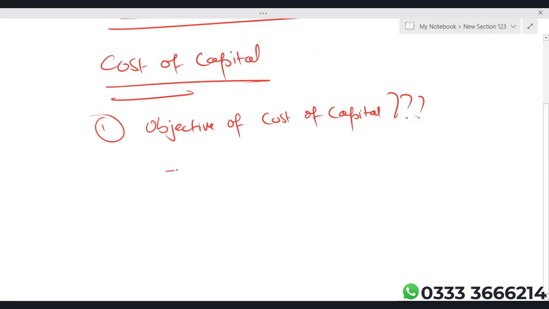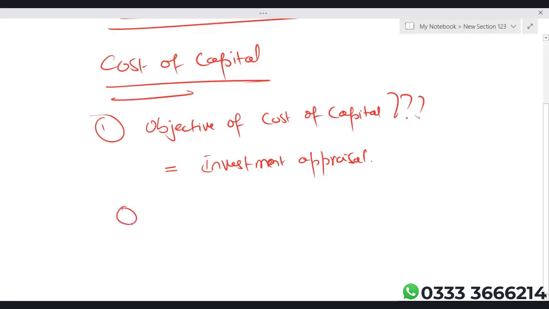If someone asks you this question, the answer is investment appraisal. The objective is investment appraisal. Actually, we calculate cost of capital because we need cost of capital for investment appraisal.